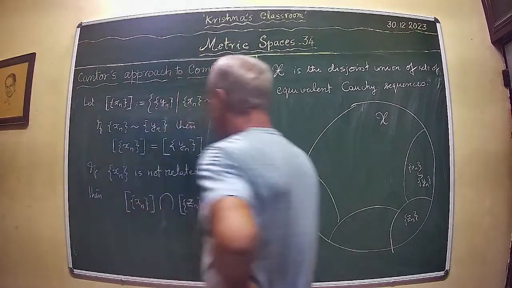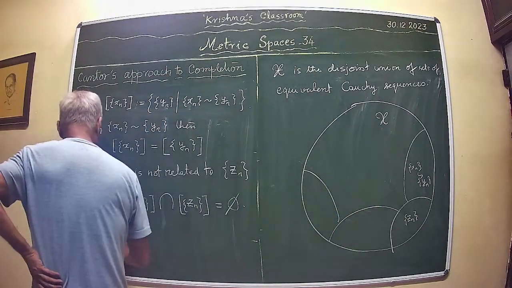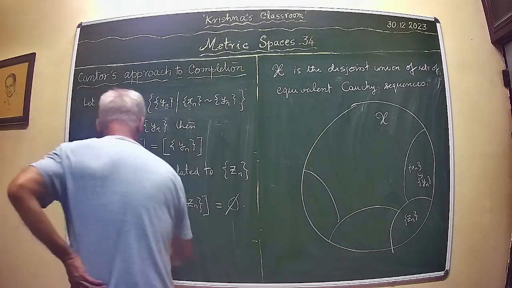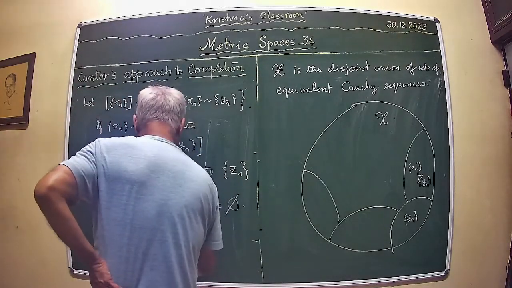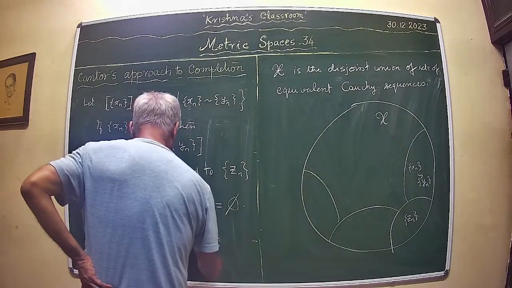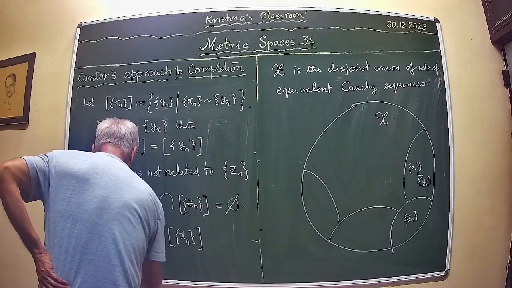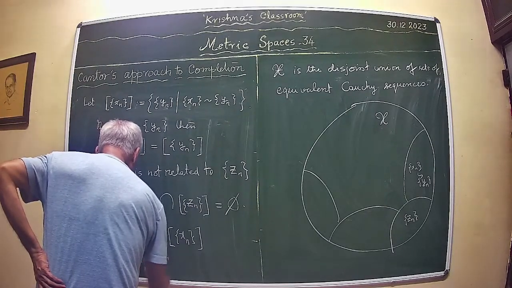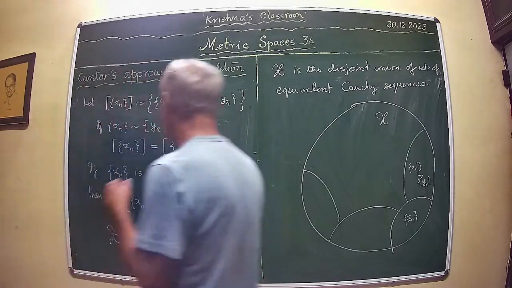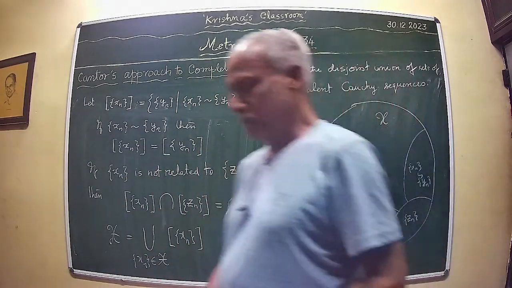That's the partition. And you have the whole of script X equal to the union of all these blocks. This is the partition that you have.